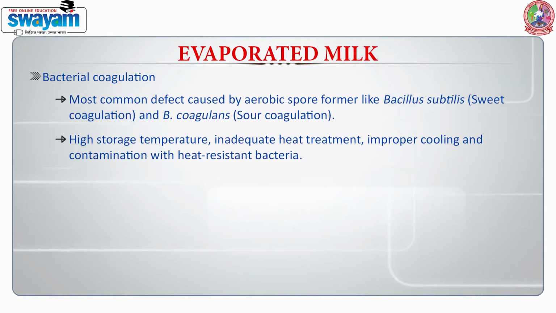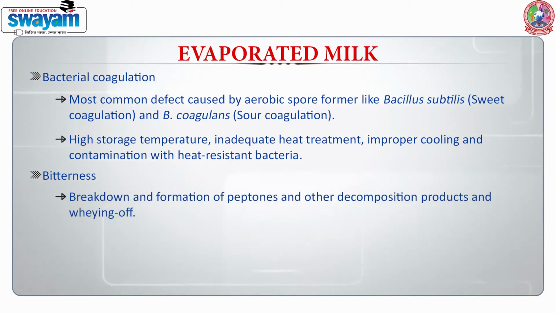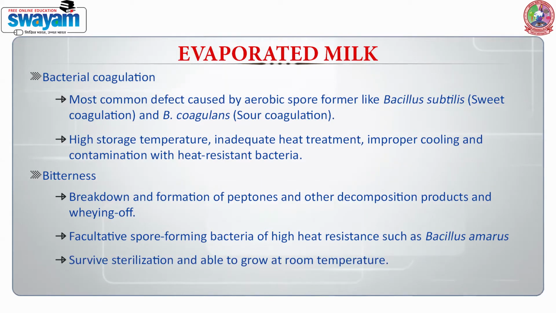Now coming over to the next defect, which is bitterness. This is due to the breakdown and formation of peptones and other products, and it also leads to wheying off. We can see that the whey has separated away from the curd, and this is due to the growth of facultative spore formers which usually have a high heat resistance, and the most common species is Bacillus amyloliquefaciens, which has the ability to survive sterilization and is able to grow at room temperature.